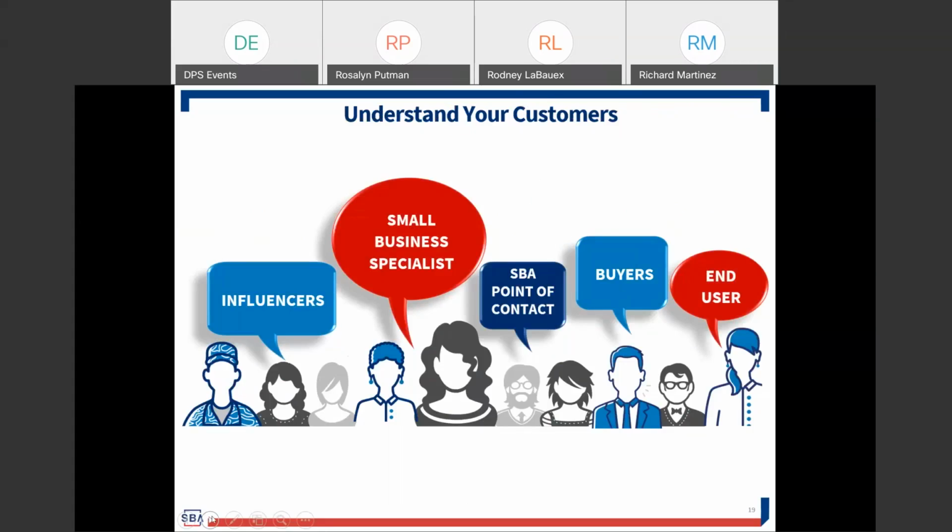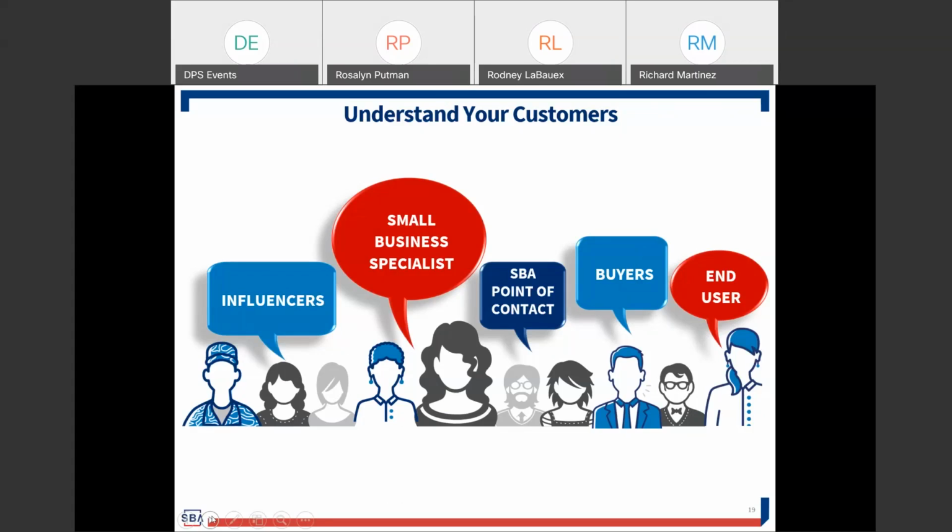You want to understand your customer. Who are your customers? Who are the influencers? The influencers are your program managers and high-level decision makers. Your small business specialists are the small business liaisons for those respective agencies. Your OSDBU representatives for respective agencies.